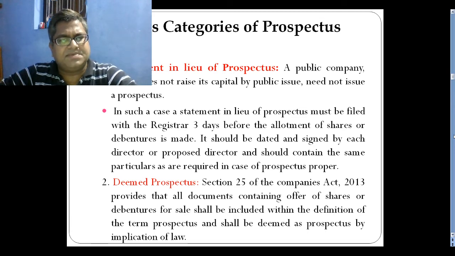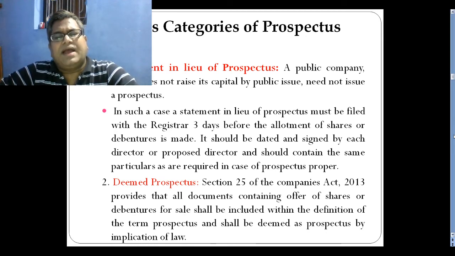That type of statement is called a statement in lieu of prospectus. Another one is a deemed prospectus.